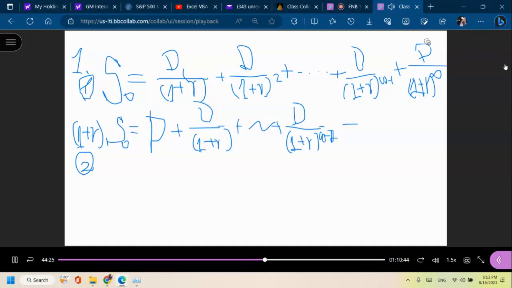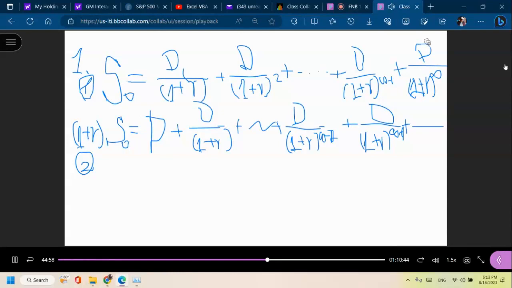And then this one becomes D over 1 plus R raised to infinity minus 1. But because it's infinity, it's inevitable. Infinity minus 1 doesn't make it stop. I mean, it's going to keep going.